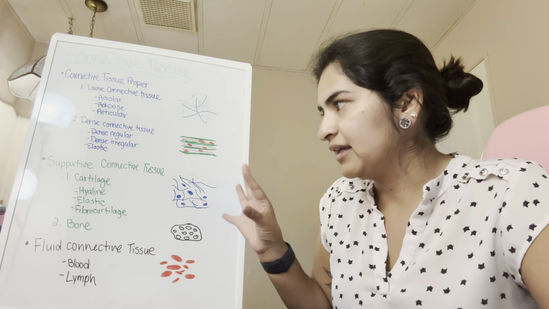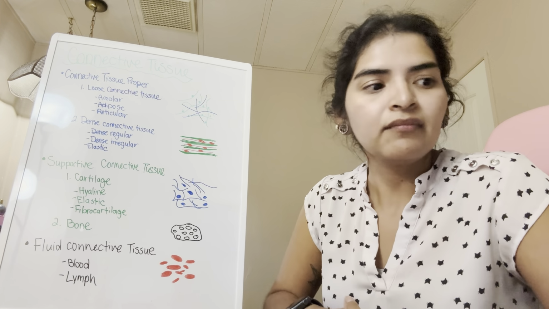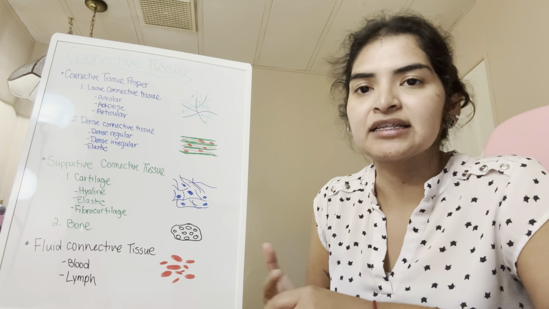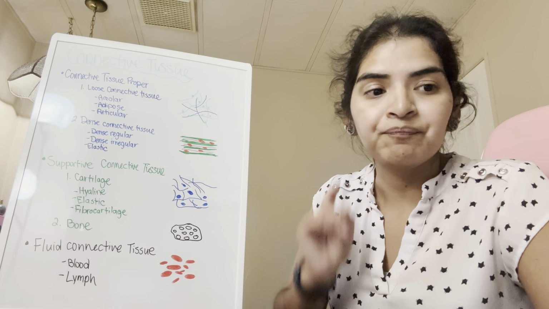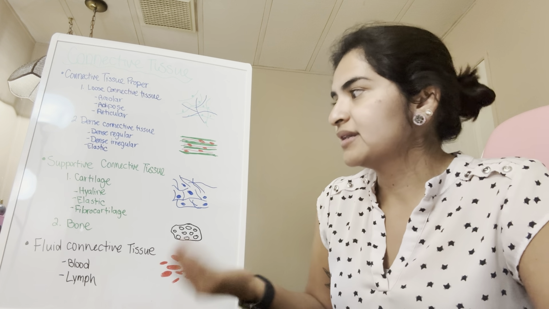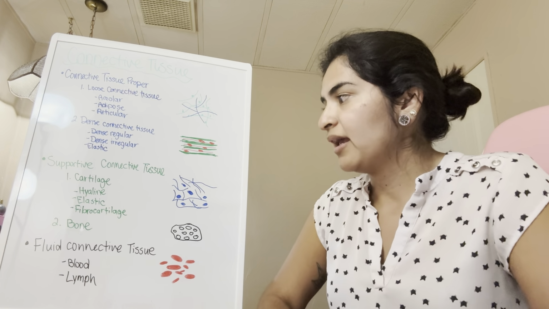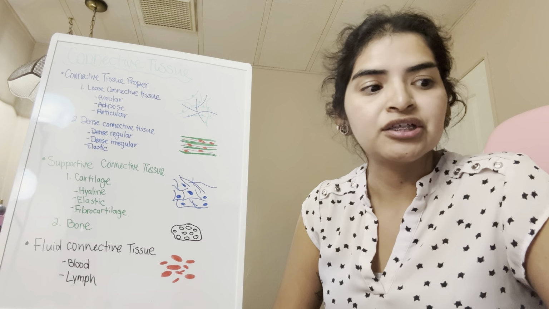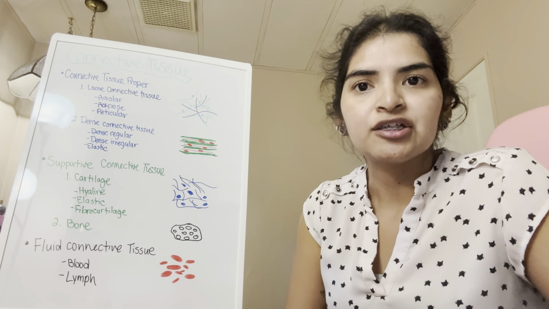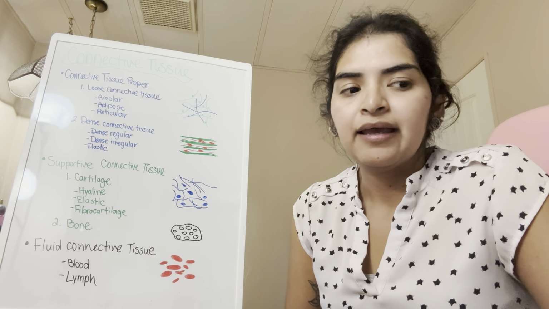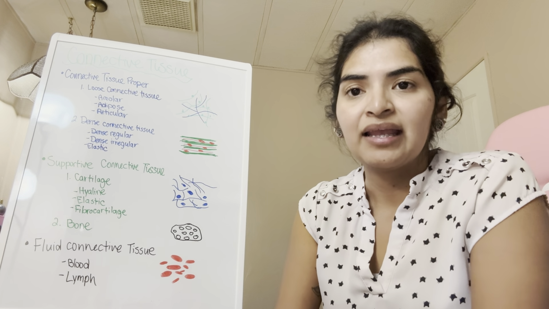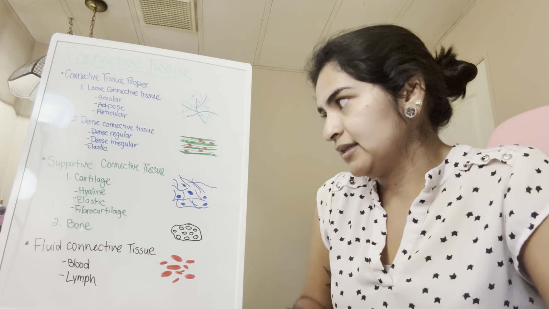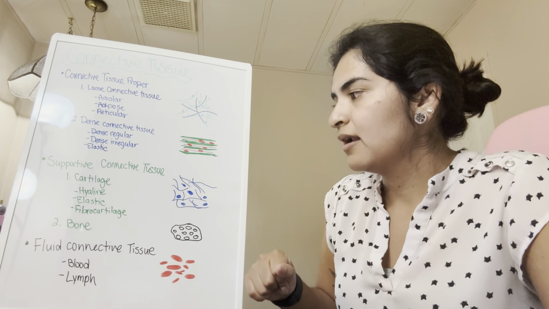And it has a very glassy appearance. And then for the elastic, it offers flexible support, like with the ear, and those consist of elastic fibers. And then for fibrocartilage, that one is a shock absorber, and it is located in the knees, and it's tough, and it has lots and lots of collagen there.